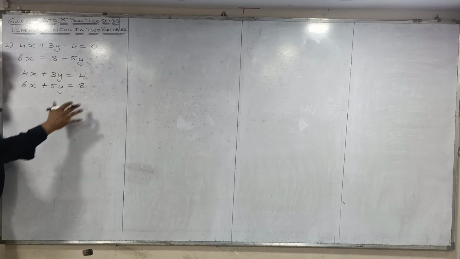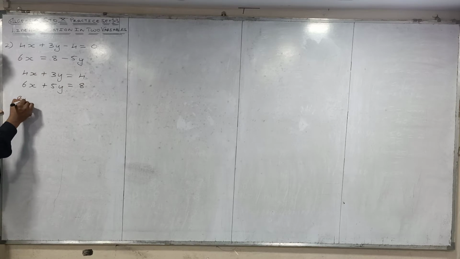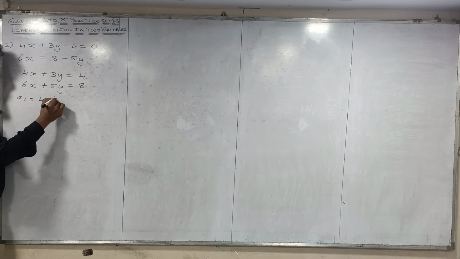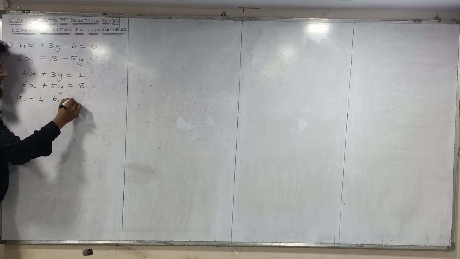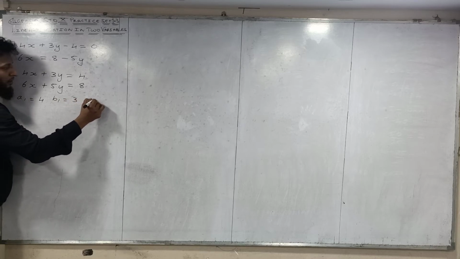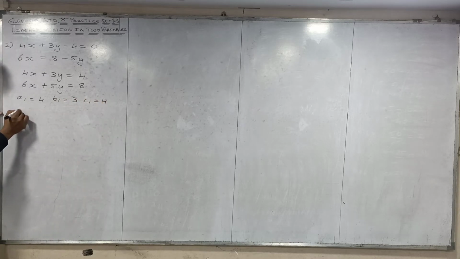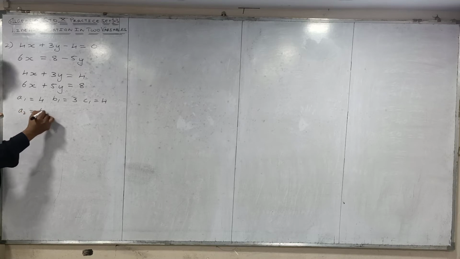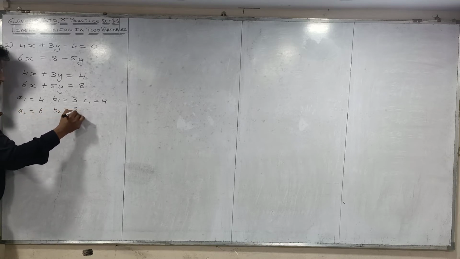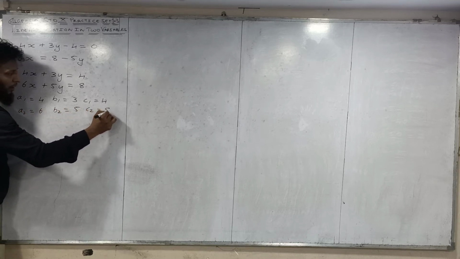Now the equations are in proper order, then find the values: a1 is 4, b1 is 3, c1 is 4. Now a2 is 6, b2 is 5 and c2 is 8.